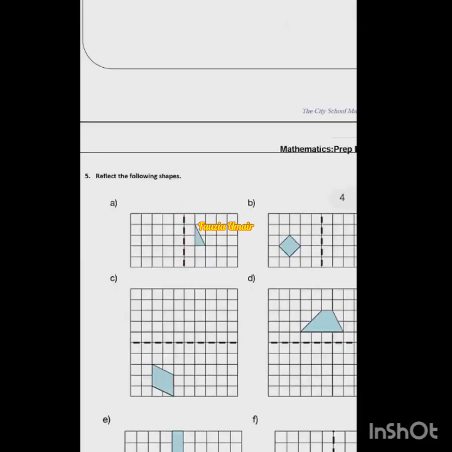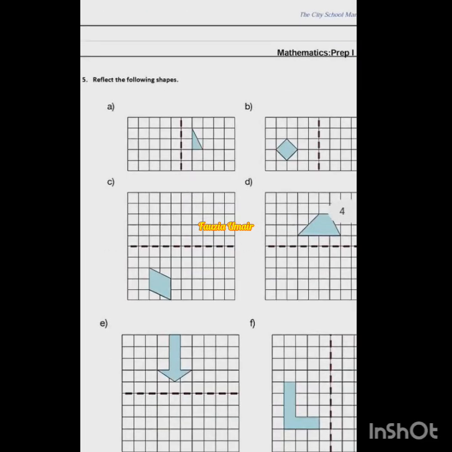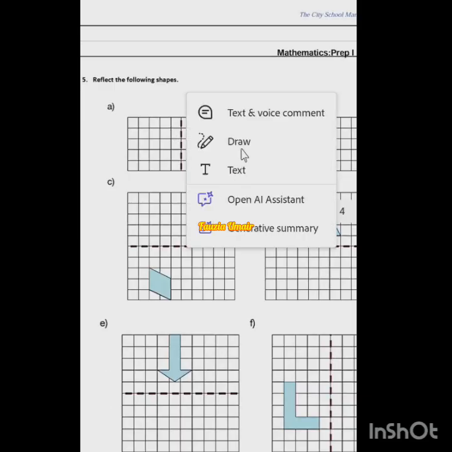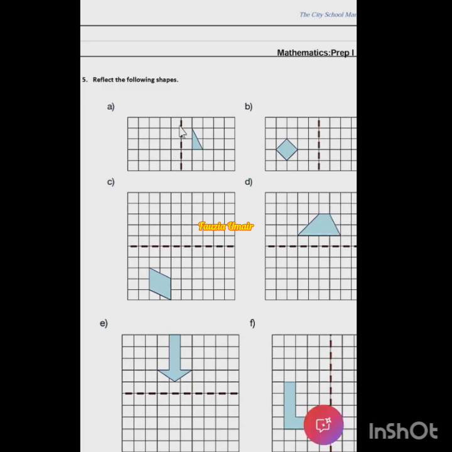Right. So what about this question? Reflect each of the following shapes. So we need to draw the reflection. So let's see how to do the first one. First you leave one square and then start the drawing.